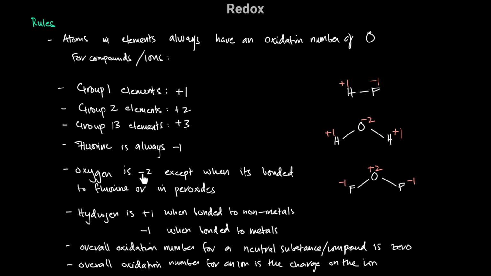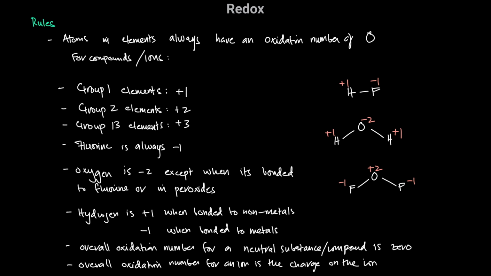Oxygen is almost always -2, but when it's bonded to fluorine, oxygen, the second most electronegative element, is less electronegative than fluorine, so fluorine gets the negative oxidation number. So electronegativity can be used to explain these rules for covalent and ionic substances, but it's especially helpful for covalent substances.